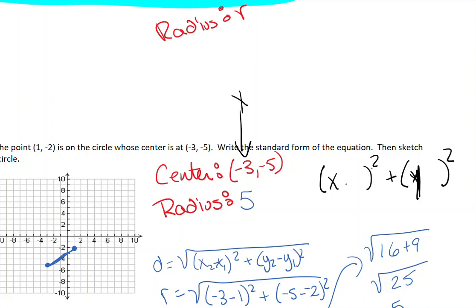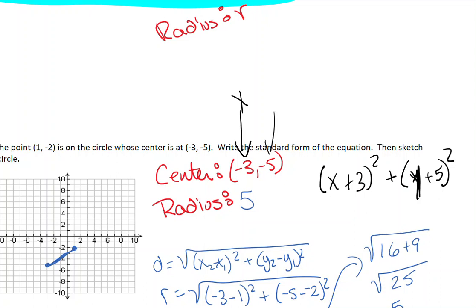So what should it be? X what? What goes in the binomial? Minus -3, which would just be what? Plus 3. And what goes after the y? Y what? Plus 5.